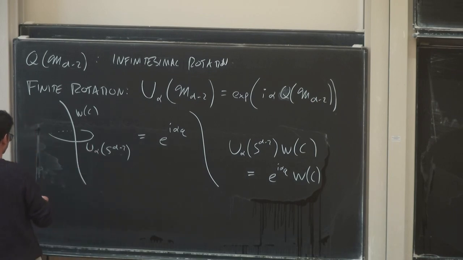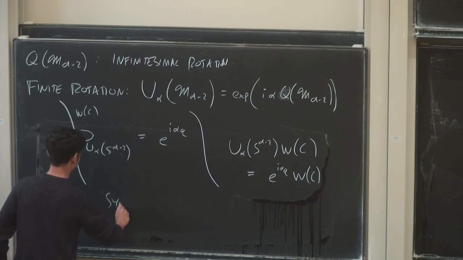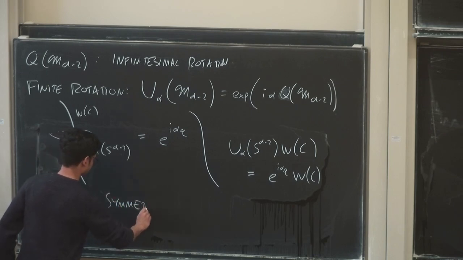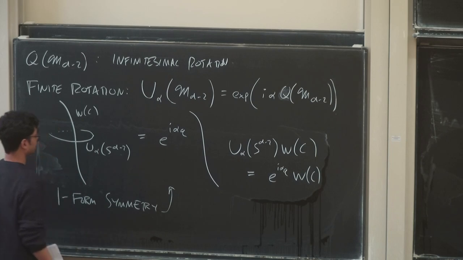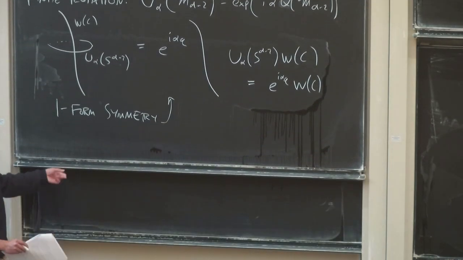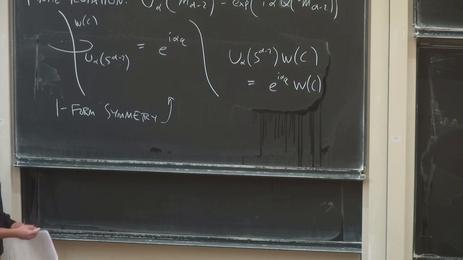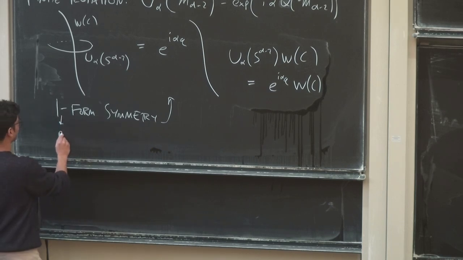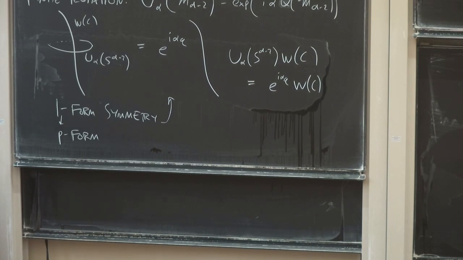Everything I just told you is for a one-form symmetry. It should be pretty obvious how to take the idea of a one-form symmetry and generalize it to a p-form symmetry. This is left as an exercise, but it should now be pretty clear to you how to do this for all p.